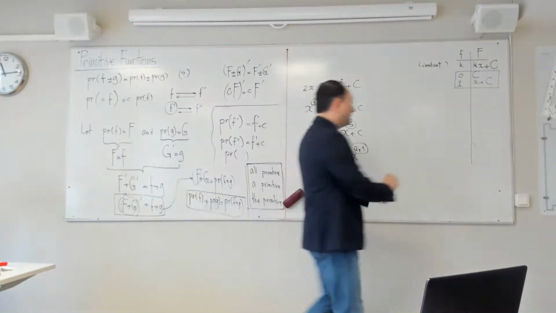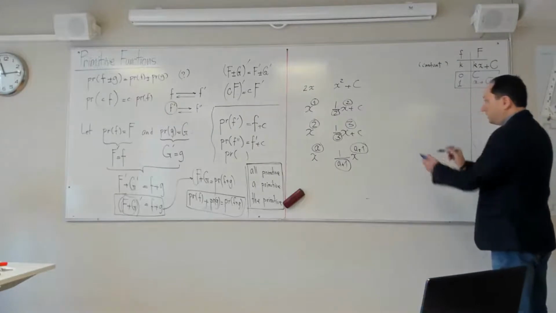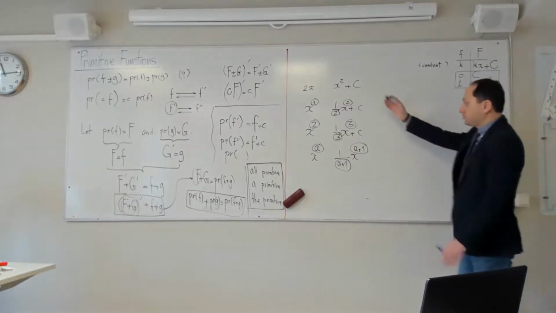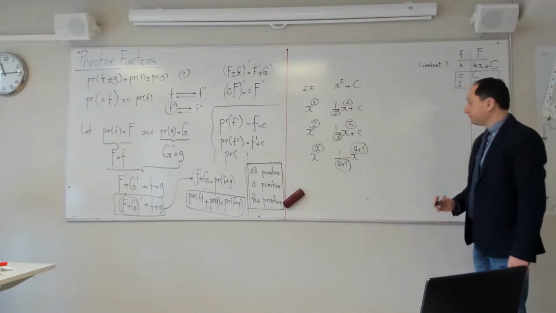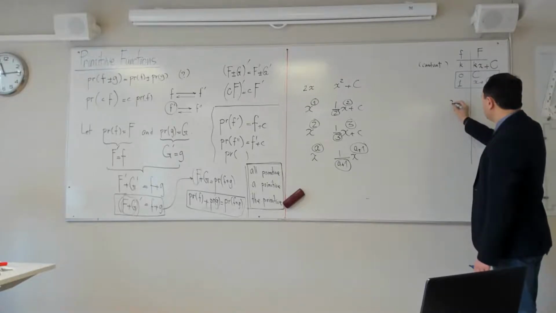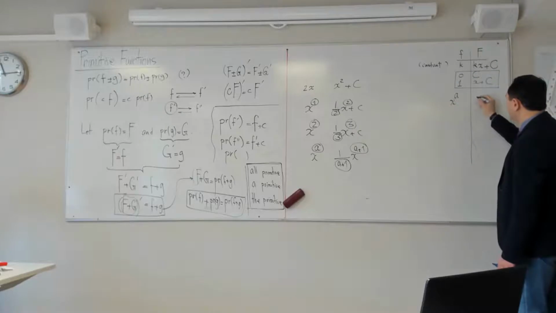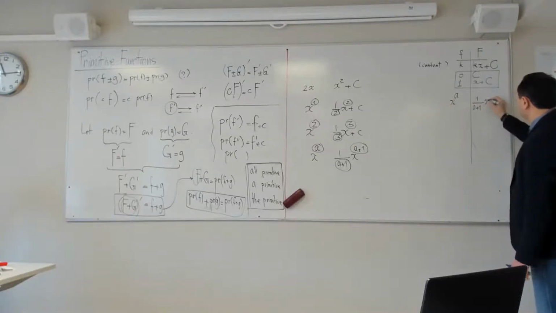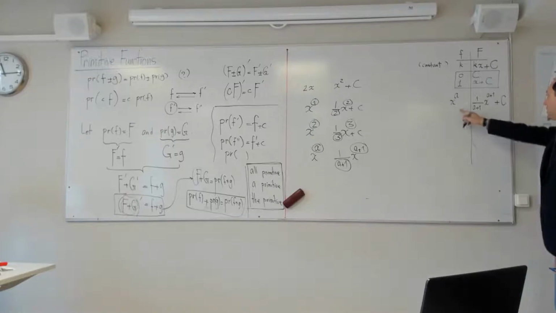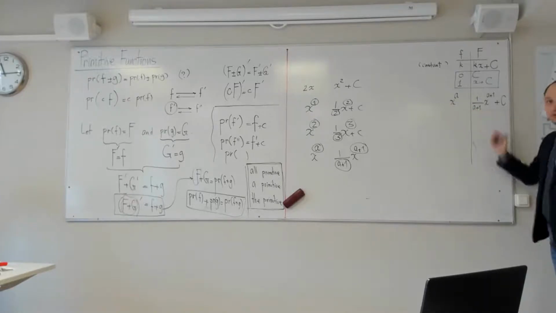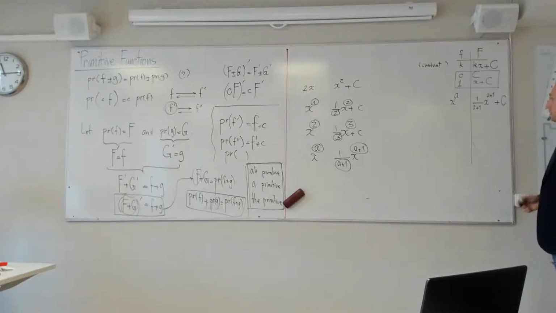So that would be the next formula in my table, which I want to give you some examples of today. So x to the power of a has primitive function 1 over a plus 1, x to the power of a plus 1, plus c. This is a very, very important formula for primitive functions. Very simple, but very effective.